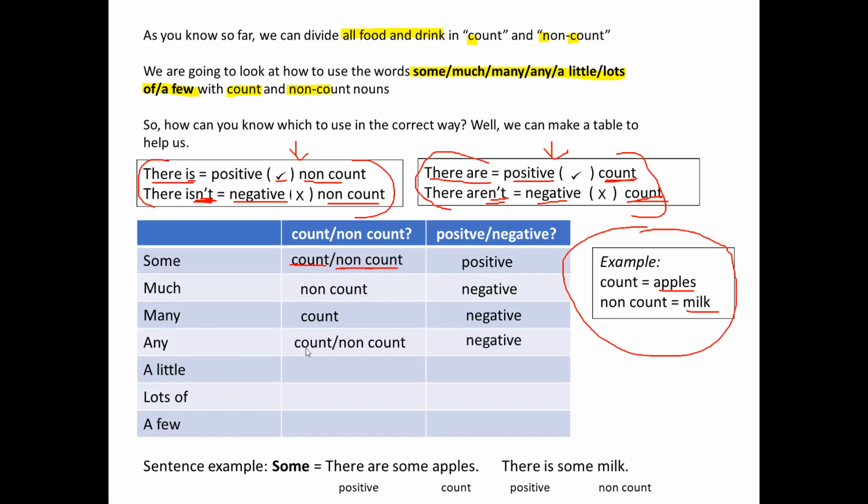So we can say there aren't any apples or there isn't any milk. A little, only non-count. A little milk. And this one's only positive. So you have to say like this, there is a little milk.